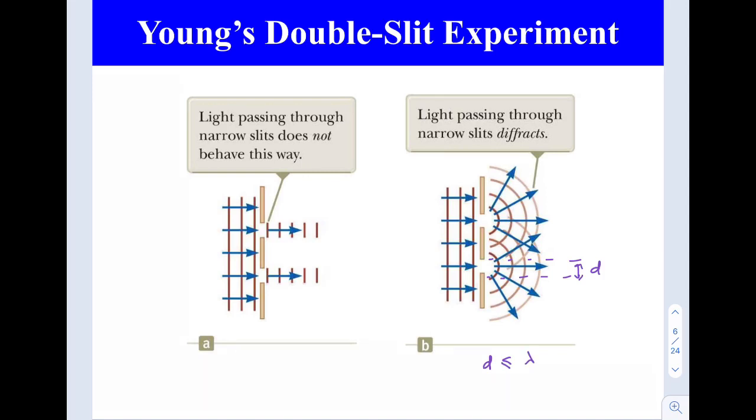Then the light passing through S1 and S2 is going to be diffracted. If D is bigger than the wavelength, nothing is going to happen: no diffraction, no interference, no image produced, no fringes on the viewing screen.